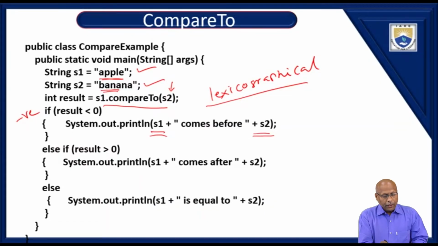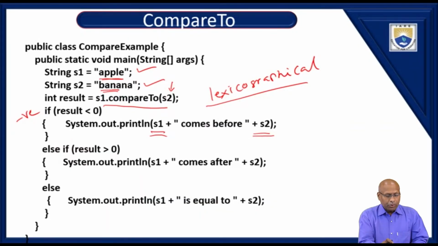If I compare S2 with S1, in that case what will happen? Banana compared with apple means B comes after A, so the result will be greater than 0. So if S1 is banana and S2 is apple, in that case this will come.